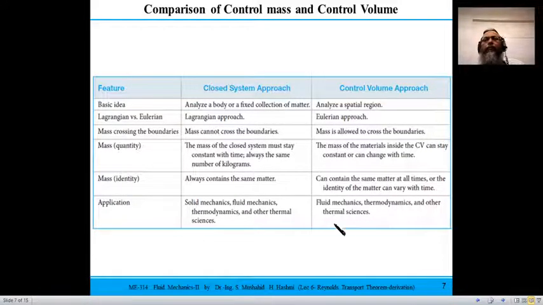So both have applications in different sciences because the Lagrangian approach is more mathematical, whereas the Eulerian approach is more practical, because you can focus on a given region of interest and observe new particles coming in. So this control volume approach is more practical, and in experiments we use this control volume approach.